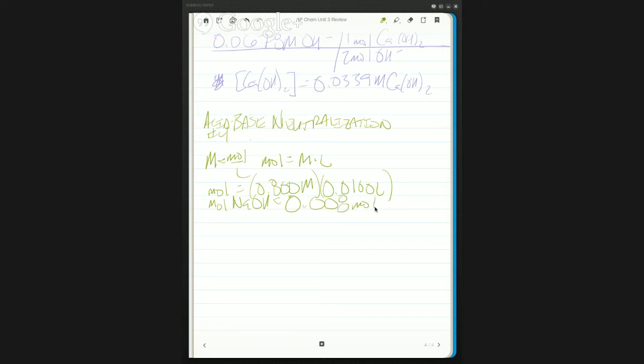0.008 moles of NaOH, and it's a 1:2 ratio. Oh no, I'm sorry, I did that wrong.